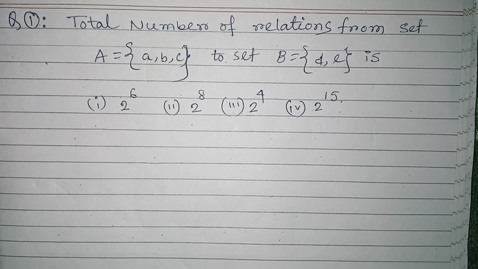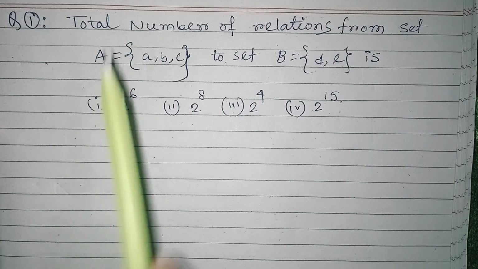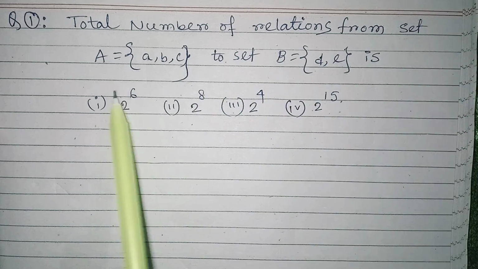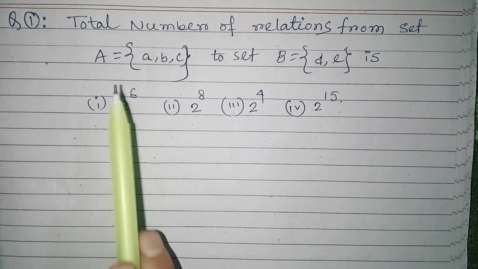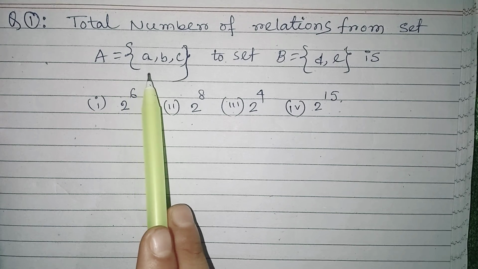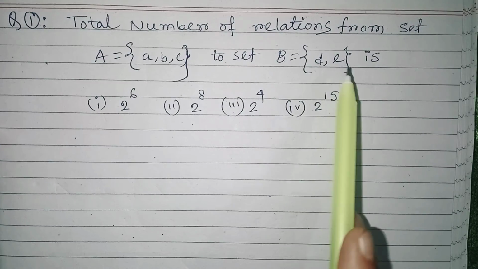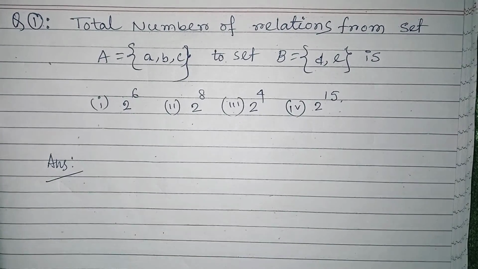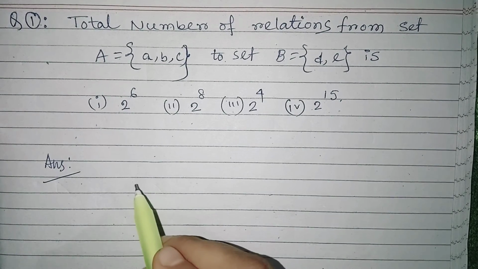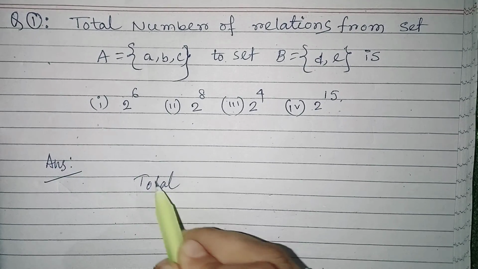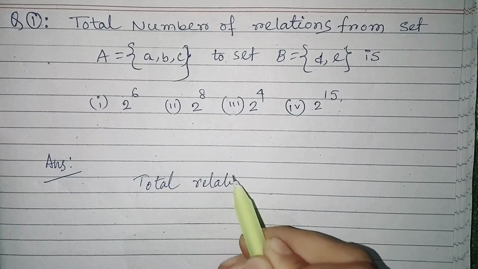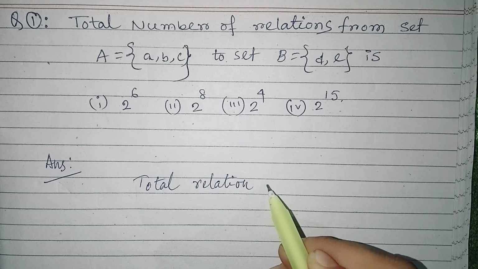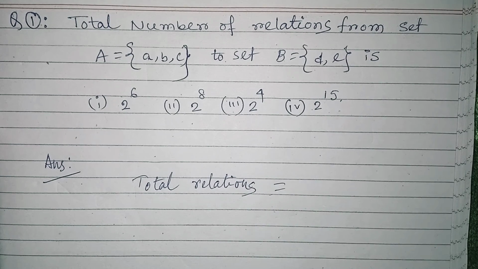Now we will discuss some very important questions. The first question: the total number of relations from the set A to the set B is? Here set A contains 3 elements and set B contains 2 elements. So we can use one formula, which we have to remember.